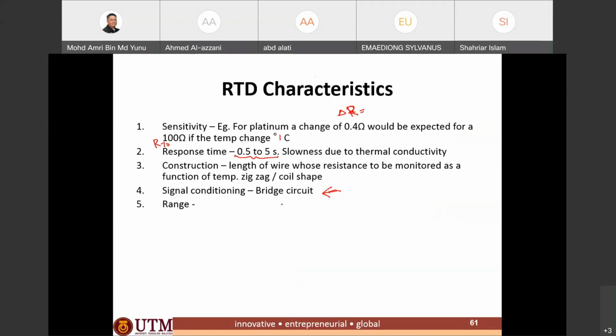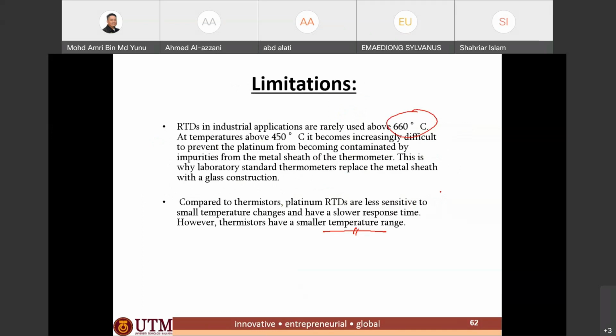Signal conditioning circuits that can be used include a bridge circuit or a differential amplifier, which we will look into in the next chapter. The limitation is that RTDs are rarely used beyond 660 degrees Celsius.